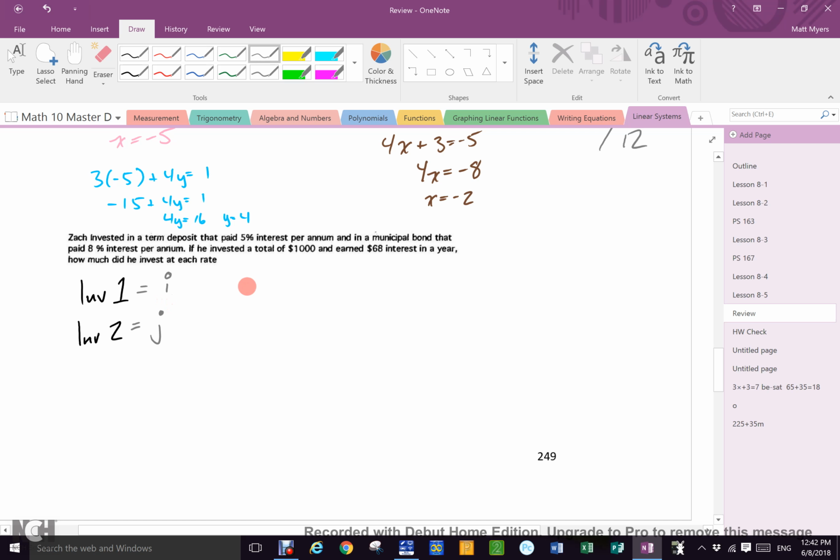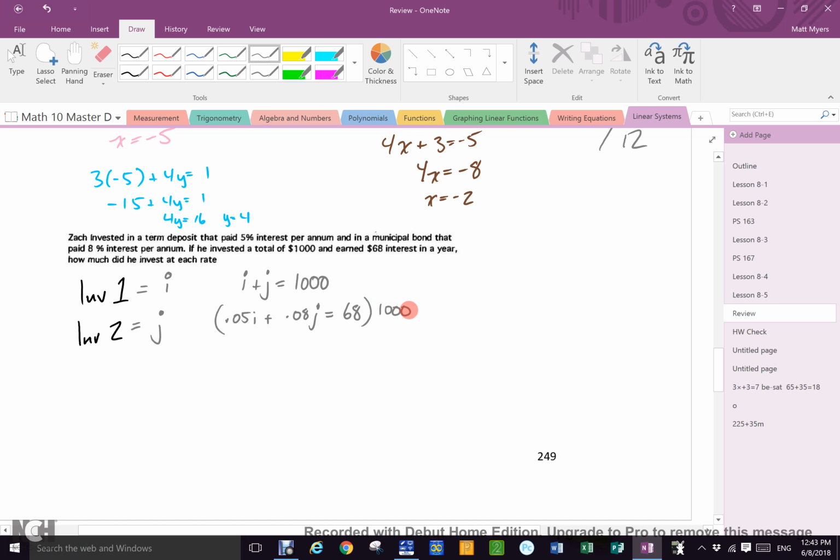What do I know about I and J? I plus J equals what? 1,000, because dude only invested $1,000. I also know that 5% of I, 0.05 I, plus 0.08 J equals my interest, which is how much? 68. None of you like decimals, so you're going to get rid of them by doing what?